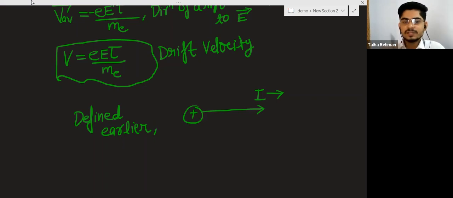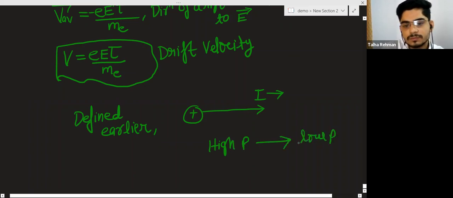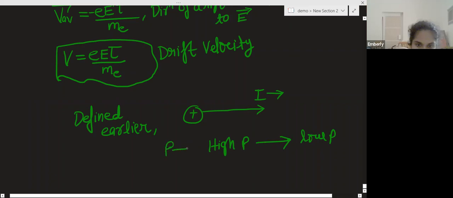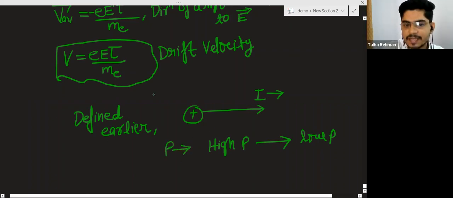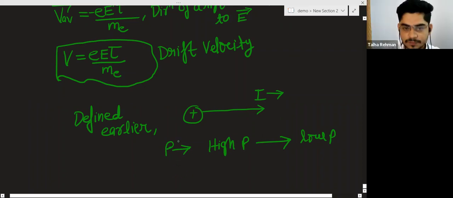Because positive is considered at higher potential and negative at lower potential, and everything moves from higher to lower, like water flows from high pressure to low pressure.